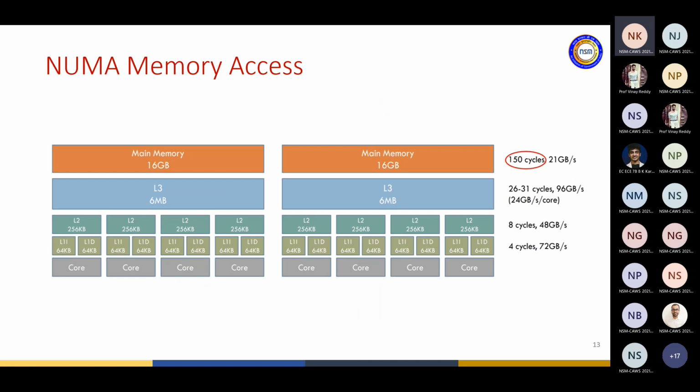coming back to this figure, when we talk about memory access time, we have to be a little careful now. If you are accessing the memory which is local to the NUMA node, probably you will get 150 cycles, which is what was there in this diagram initially. When we are talking of memory which is in the other NUMA node, it's probably going to take a little longer, maybe 1.5x, right?